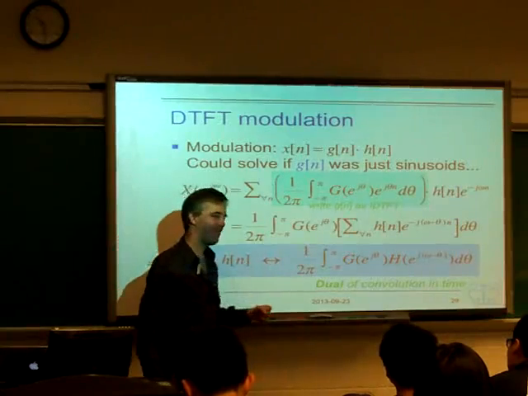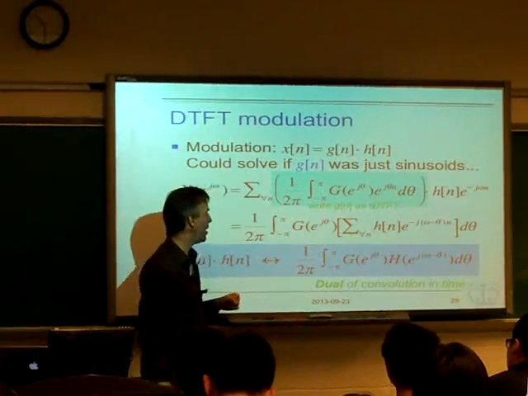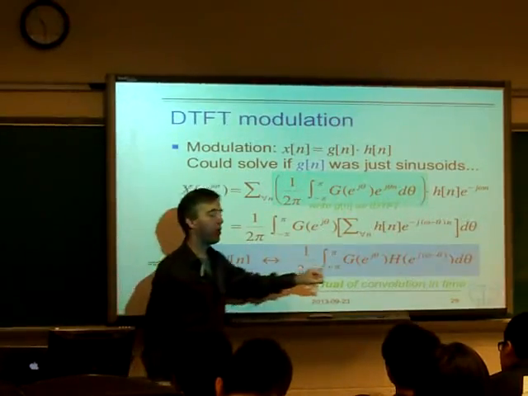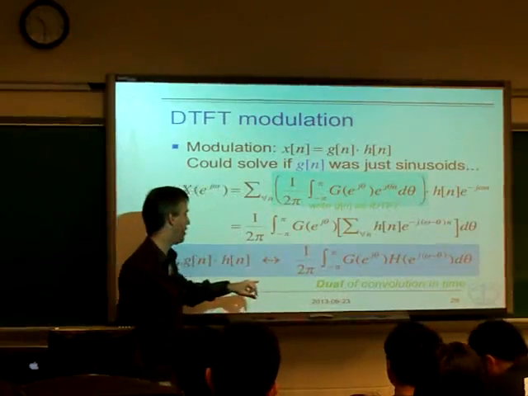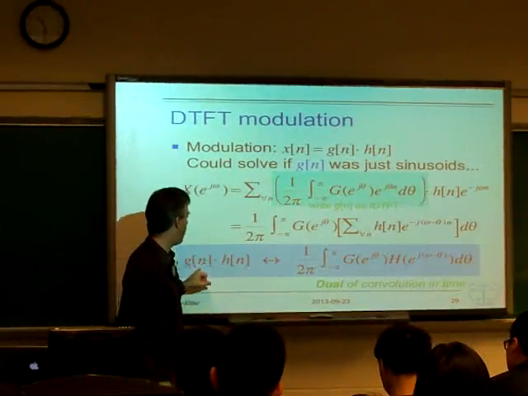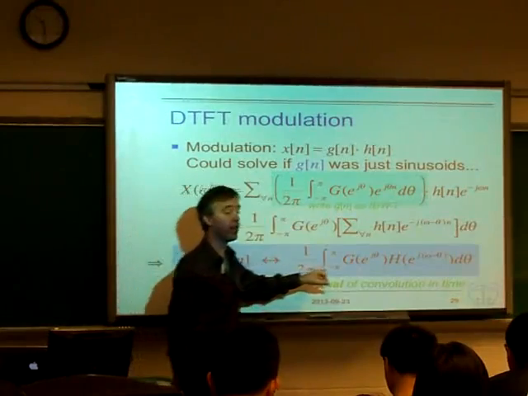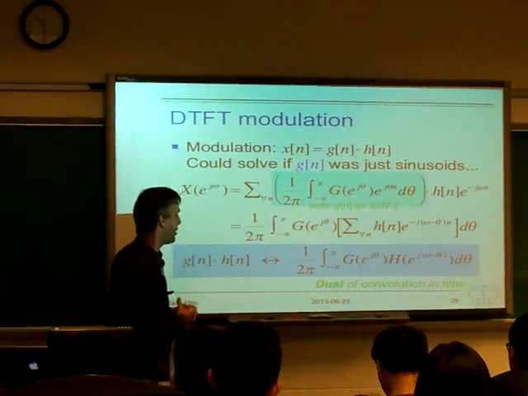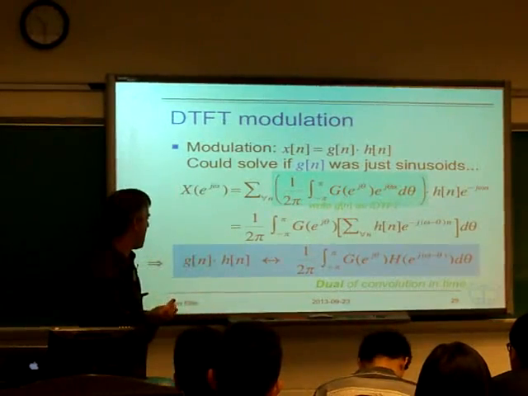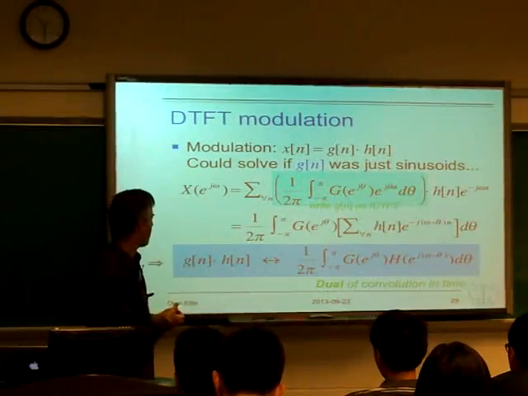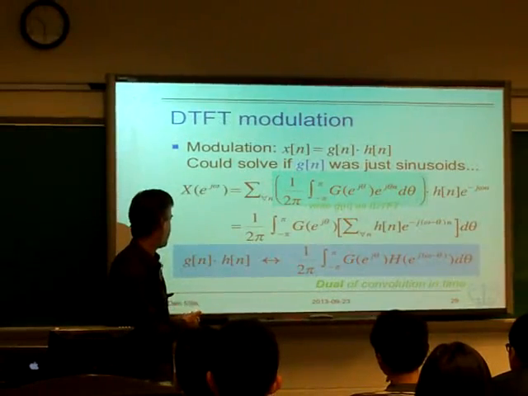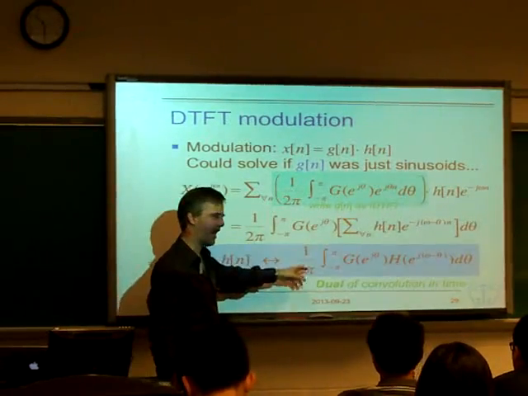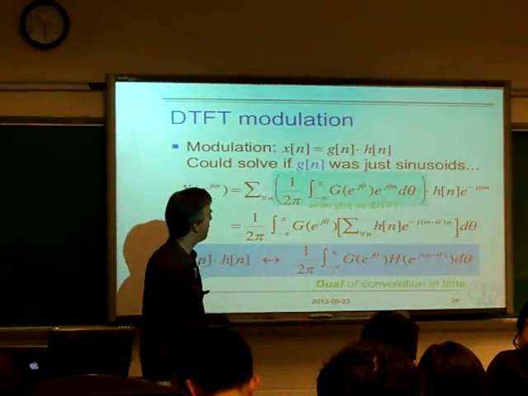And of course, that's satisfying because when we convolved in time, we got the product in the frequency domain. Now when we form a product in time, we get a convolution in the frequency domain. So again, it's this duality between time and frequency. What's the difference? There's this 1 over 2 pi scaling, which is always sort of in the loop somewhere.